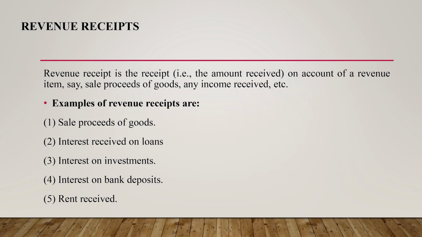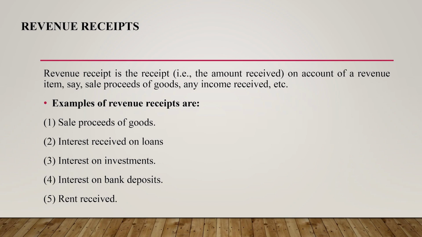We are receiving interest annually on our loans. Then interest on investments. Even though we are investing amount in the shares or debentures or any of the securities, we are going to receive interest annually. So this is a recurring receipt, it is considered as revenue receipt. Then if we deposit amount in banks, we are going to receive interest on our bank deposits.